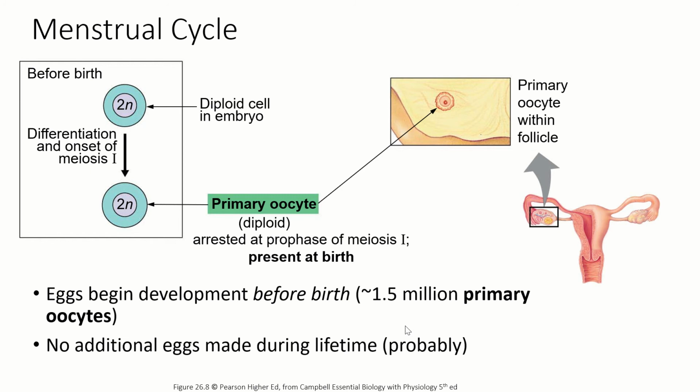There are a few odd cases, which is why there's that "probably" here. One of them has to do with a study of women who had ovarian cancer. So we think that ovarian cancer may cause abnormal development of cells, including oocytes. But otherwise, we believe, as far as we can tell, women make no more oocytes throughout their life.